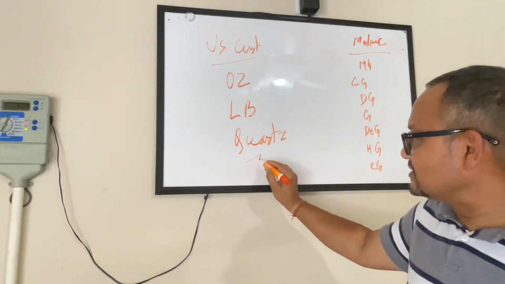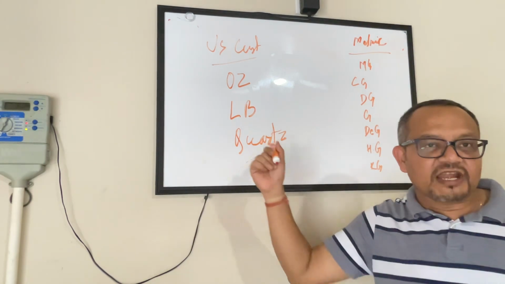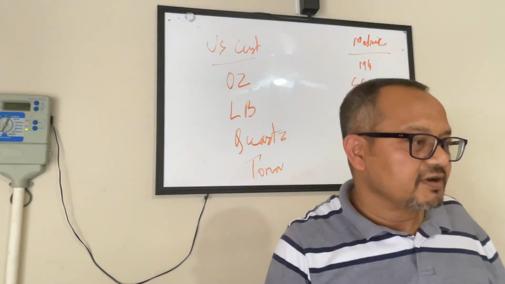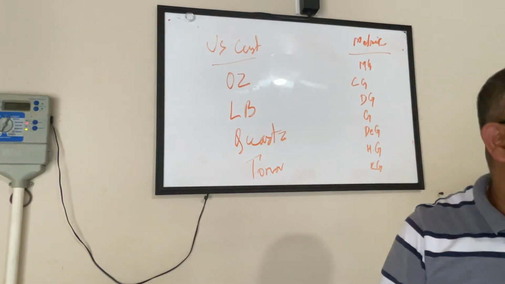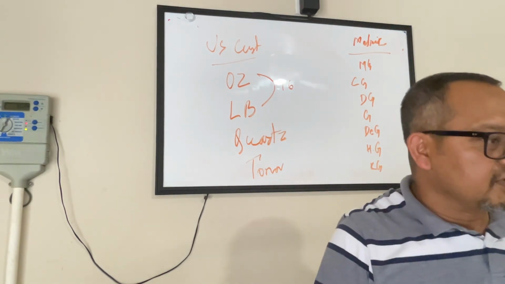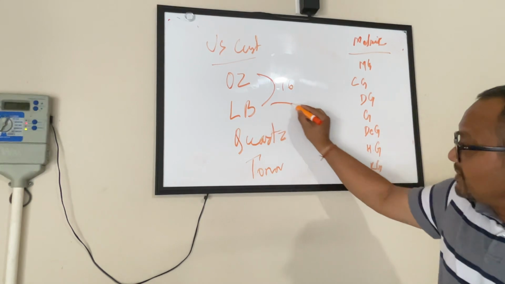Now somebody has to tell me how many ounces is 1 pound? It must be 16. 16 ounces make 1 pound. Yeah? How many pounds make 1 ton?